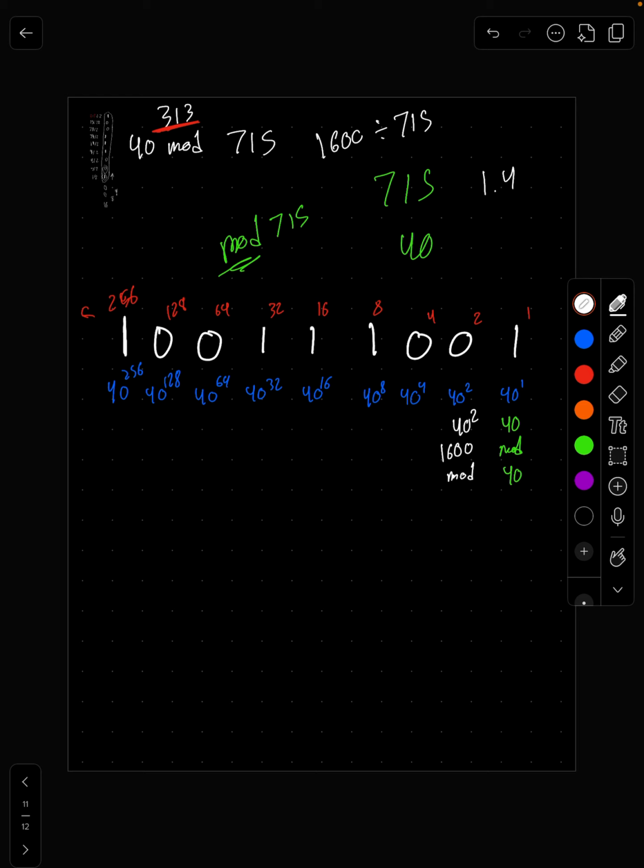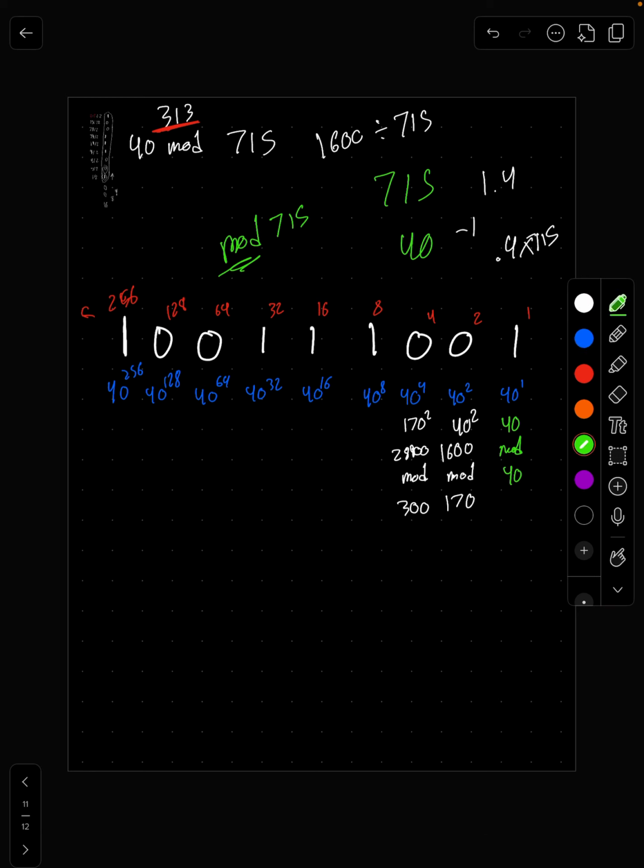We're going to get a number like 1.4, and then we subtract 1 and get 0.4, and then we multiply that by 715. So in this case, 1600 mod 715 is going to be, let me put that on the calculator, 170. Then we put 170 up here, we square it, and then we get 2890. We mod that, and we get 300.